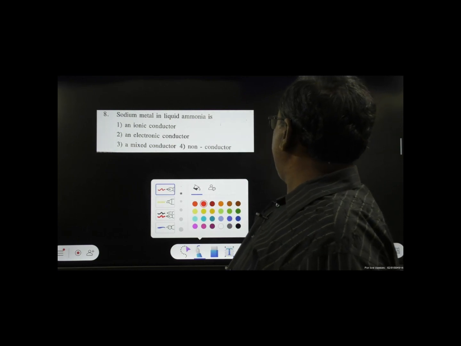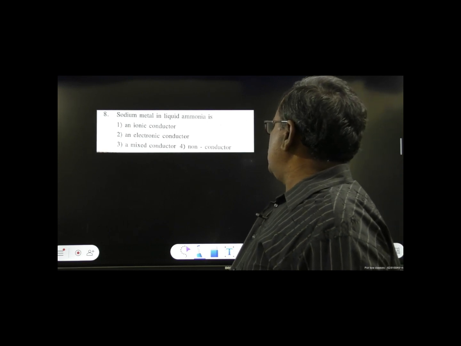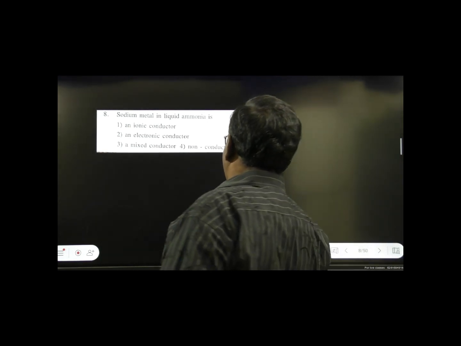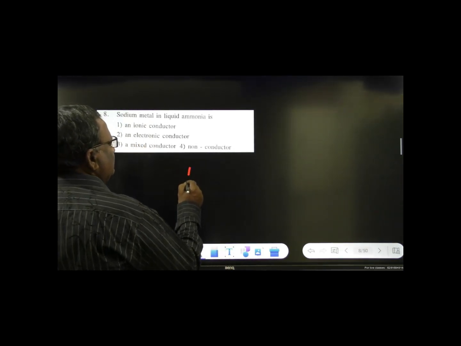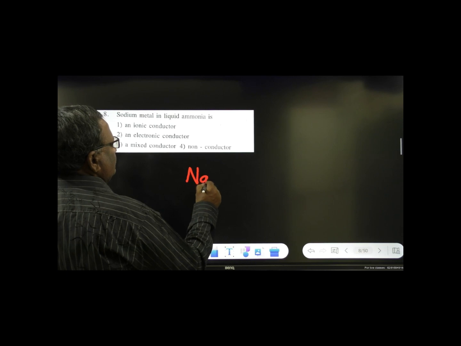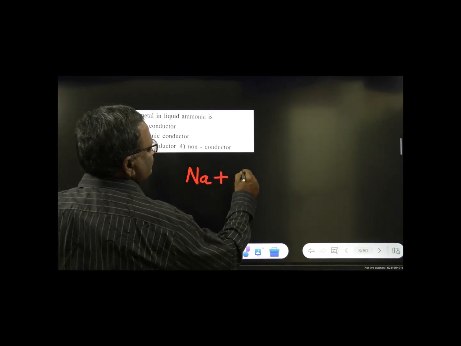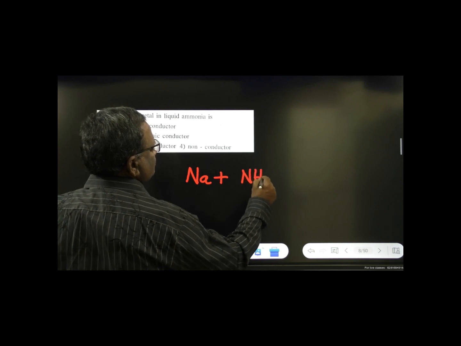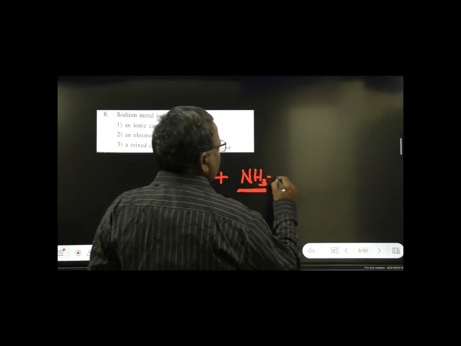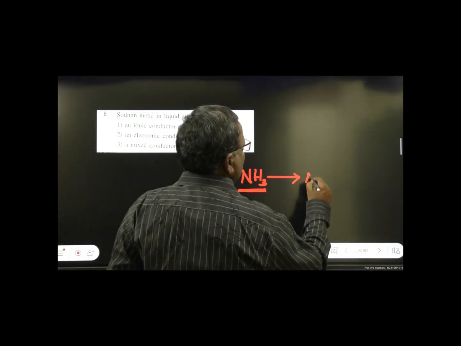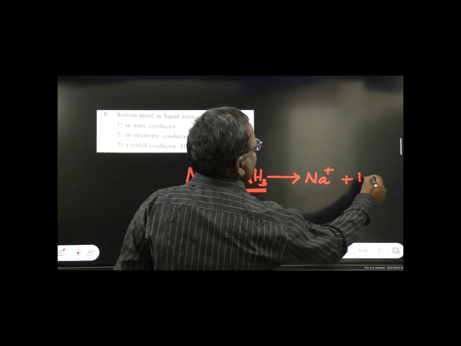Sodium metal in liquid ammonia is an ionic conductor, an electronic conductor, a mixed conductor, or a non-conductor. Sodium metal, when it is kept in liquid ammonia, will dissociate or ionize as Na+ and e-.